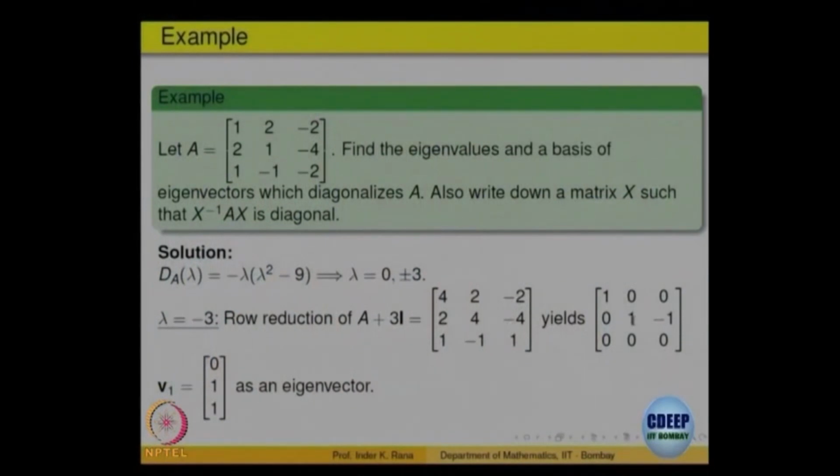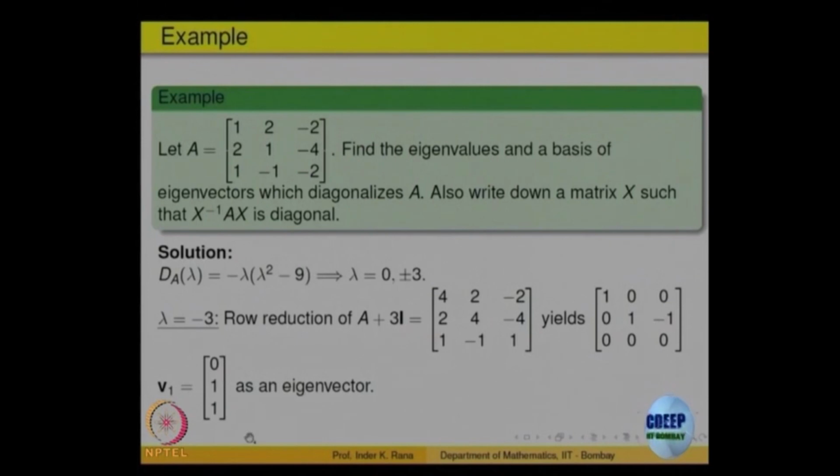So, how do you find that? You will find from here, x2 minus x3 is equal to 0. So, x2 is equal to x3. You can give any value you like. For the variable which does not have a pivot, what does that give me? x1, the first one, x1 is equal to 0.